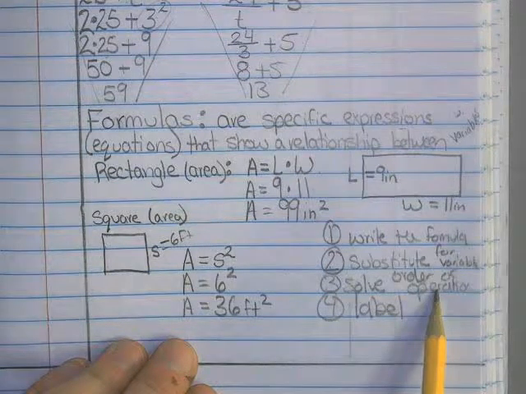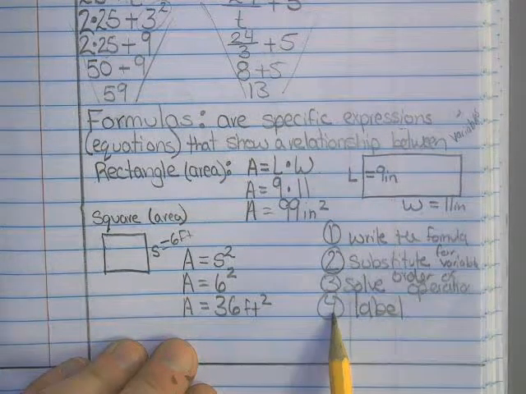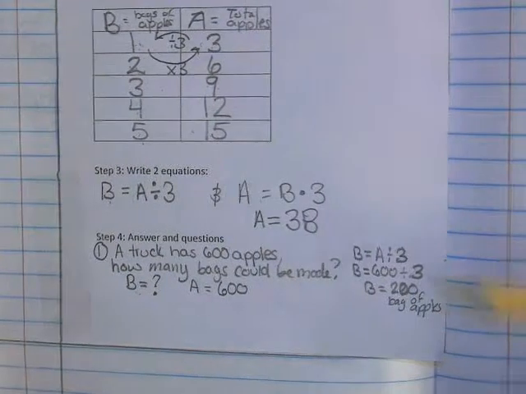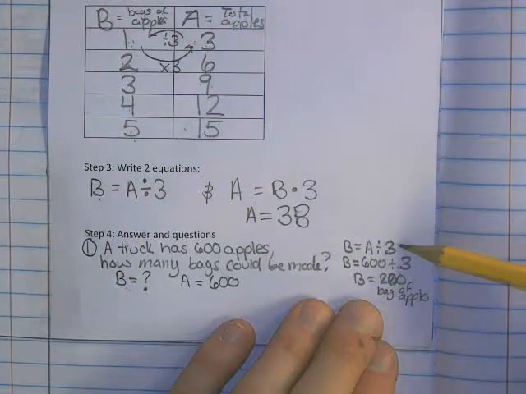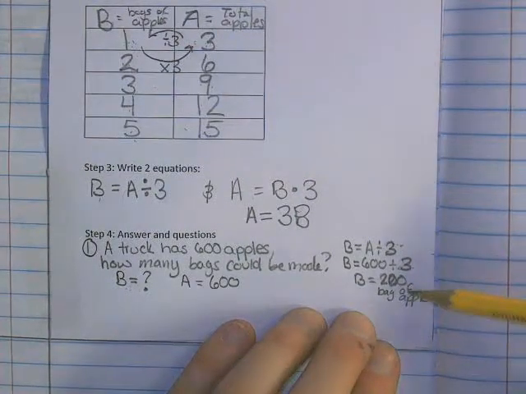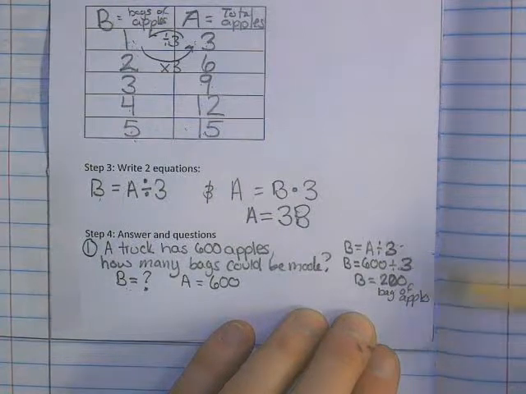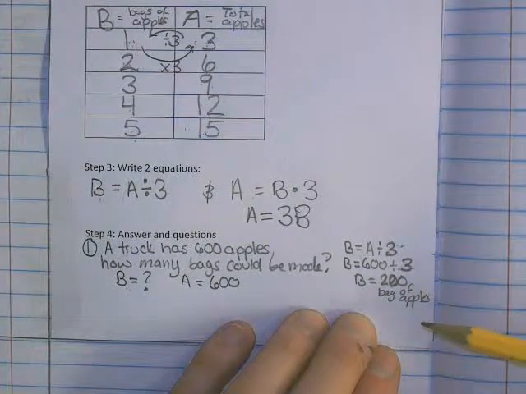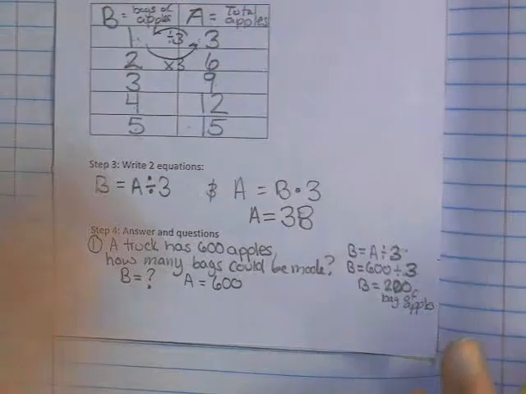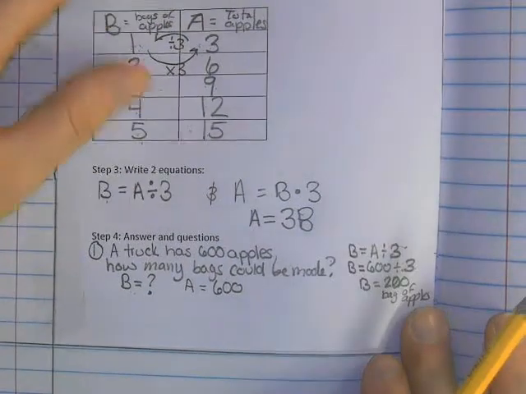And then three is solve using order of operations. And then four is label. So when I look back here, that's exactly what I did. I wrote my equation that I was using, I substituted, I solved, and I labeled. We're following those four steps, right?